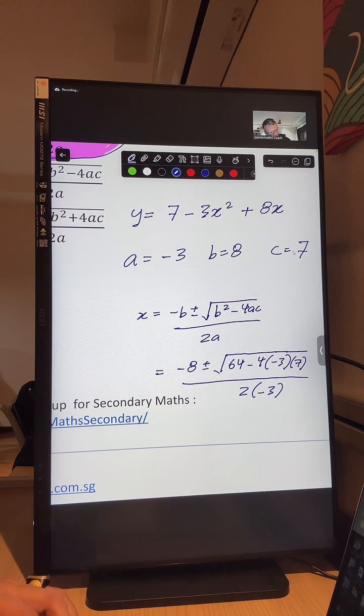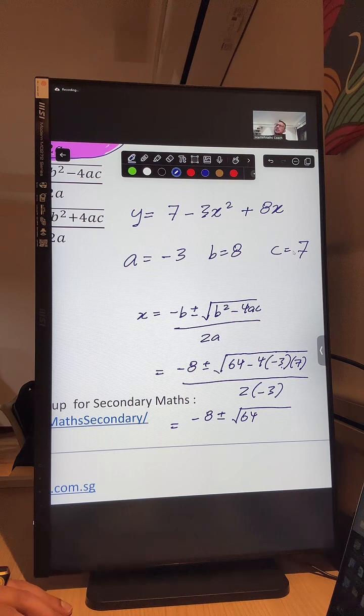Okay, so let's figure this out. Some of you can use a calculator and figure out what's inside the square root. I will try mental sums because I forgot my calculator. 64. 4 times 3 is 12. 12 times 7 is 10 times 7, 70, 12 times 2, 24, so 70 plus 24, 94.